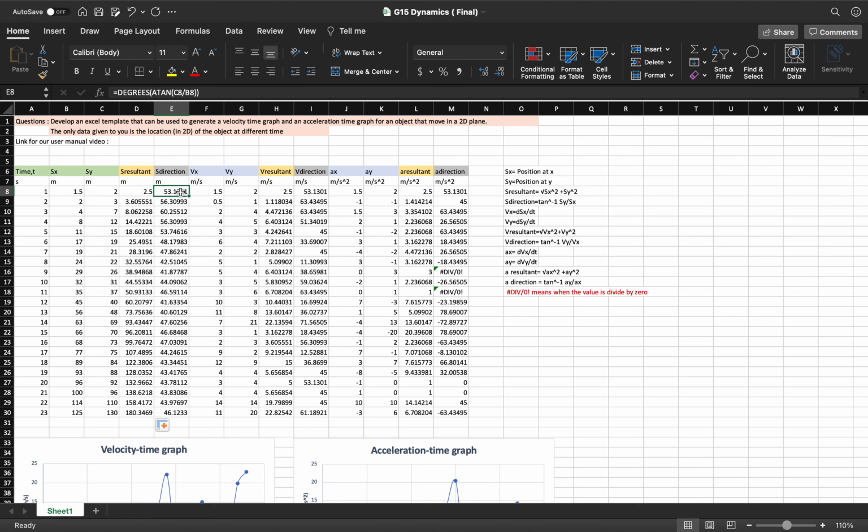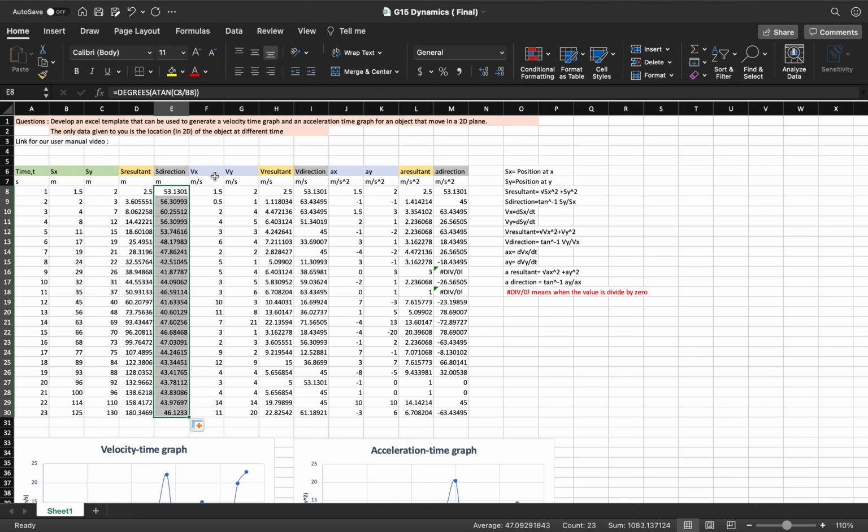By inserting an equal sign, DEGREES, open bracket, ATAN, which is inverse tangent, open bracket, C8 over B8, close bracket, then close again, we can calculate the direction of the position of the object when time is 1 second. Again, by dragging down the column, we can calculate the S direction for the object.